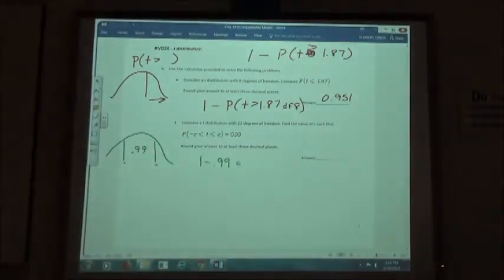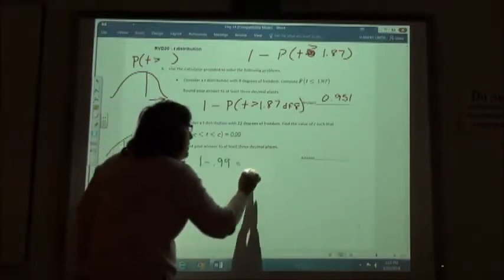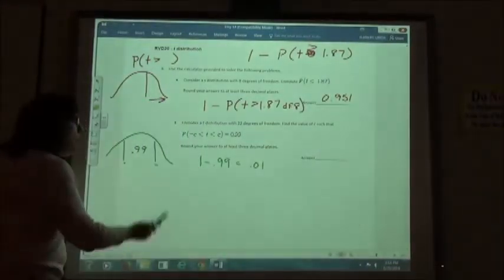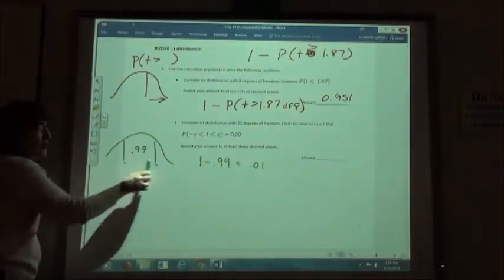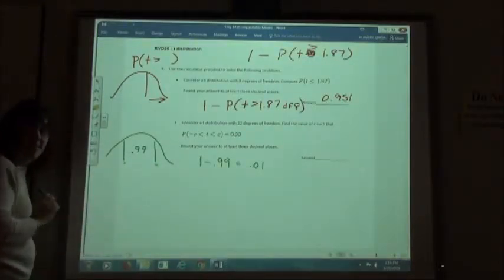That's going to leave us the area on the 2 outside spaces. If you do 1 minus 0.99, you're going to get 0.01.